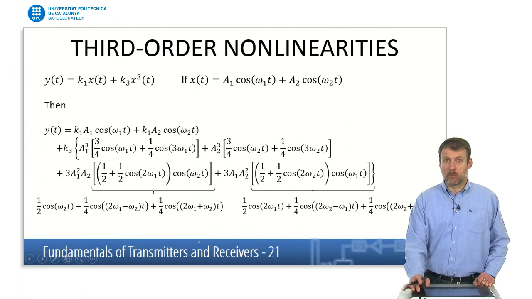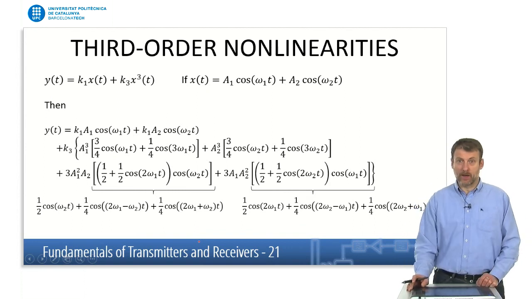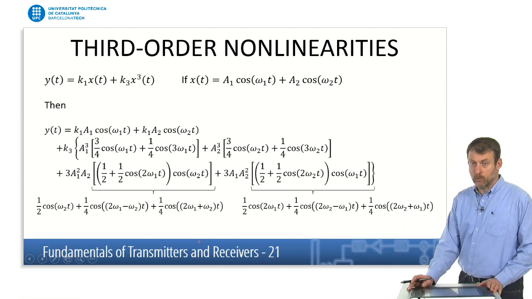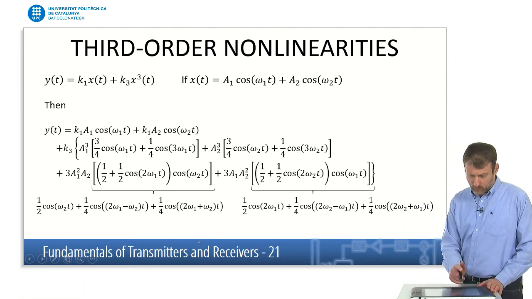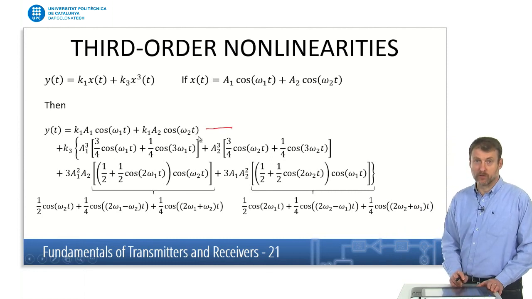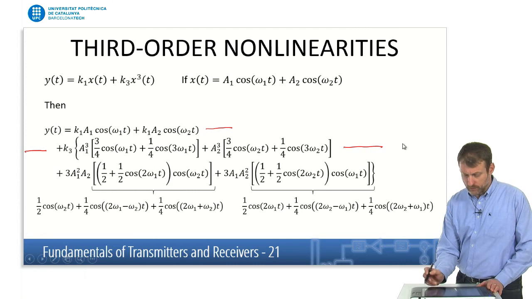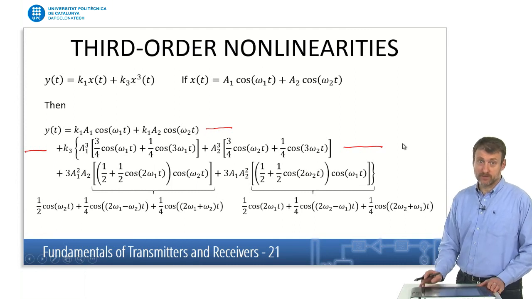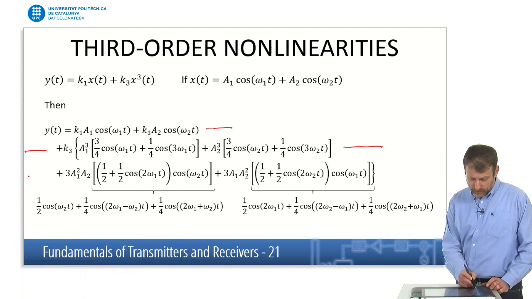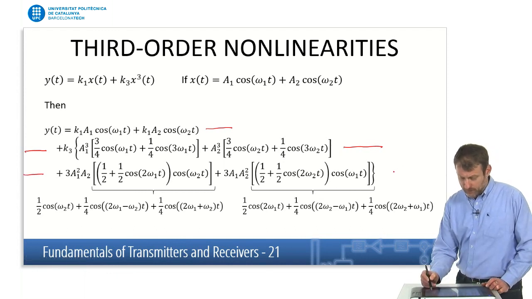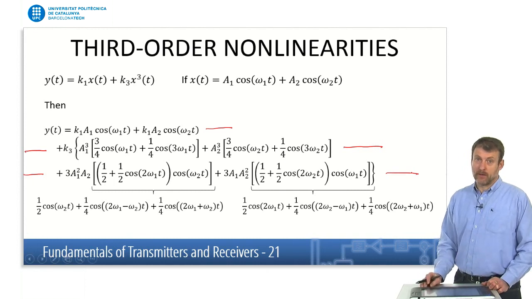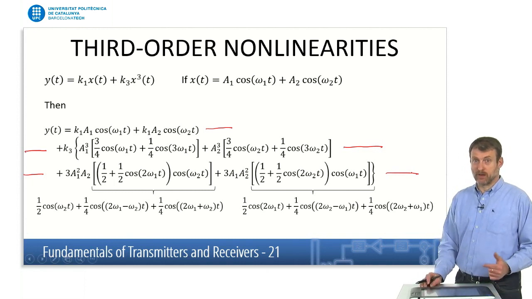Now, in combining all these equations, we can combine these two equations, and then when combining them, in this line I have put the first order terms. In this second line, I have put the second order terms, and the third order terms, the terms that depend on x cube. And in this line, I've put the terms that are a product of the second order terms with first order terms.